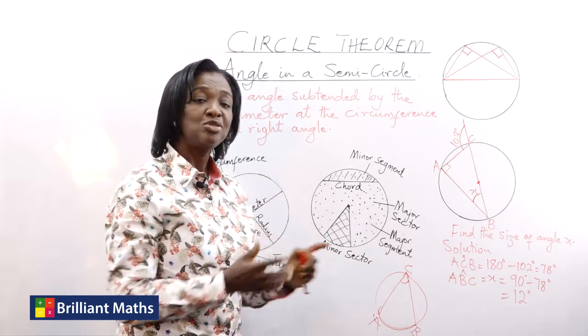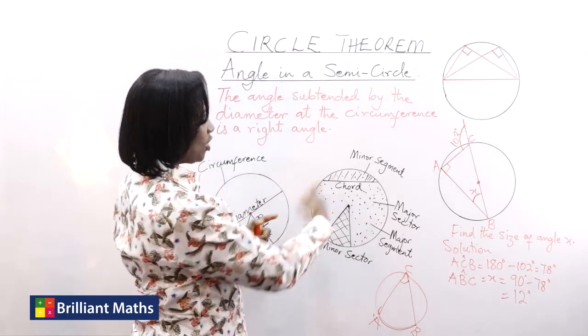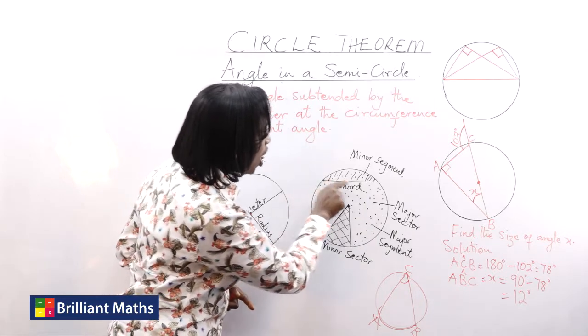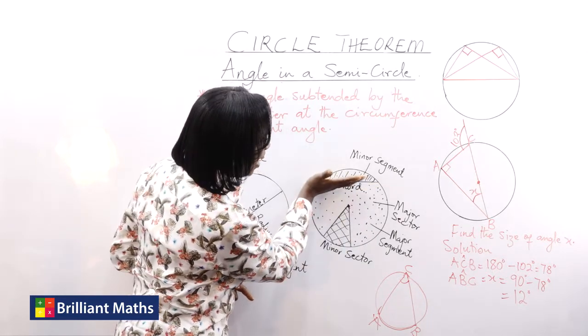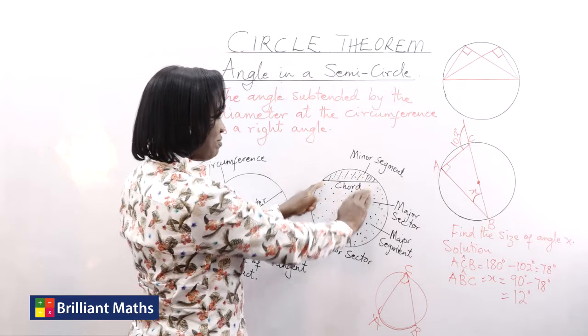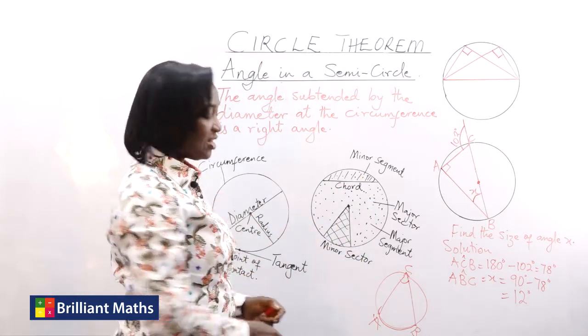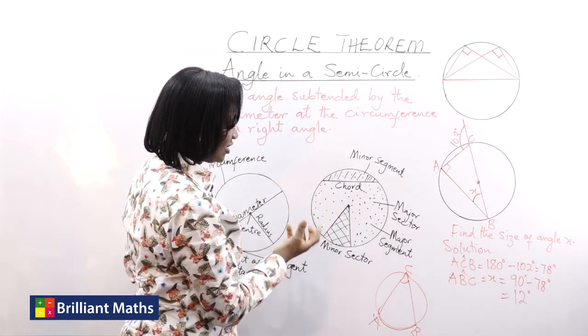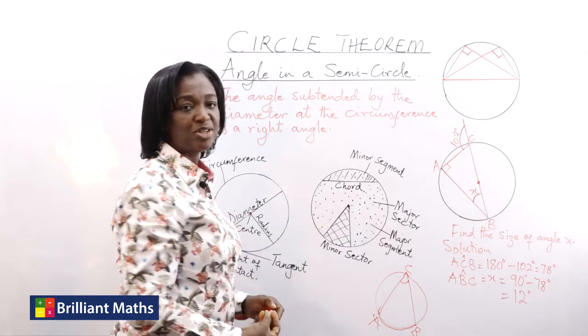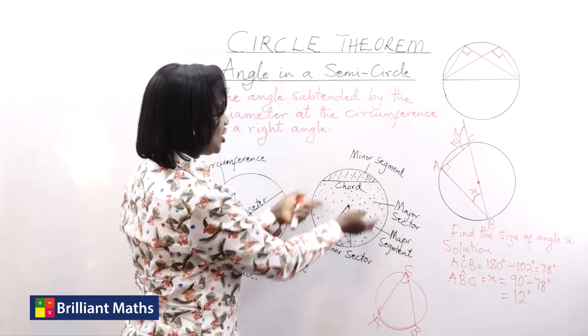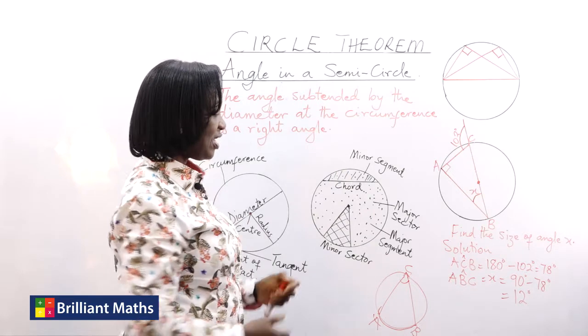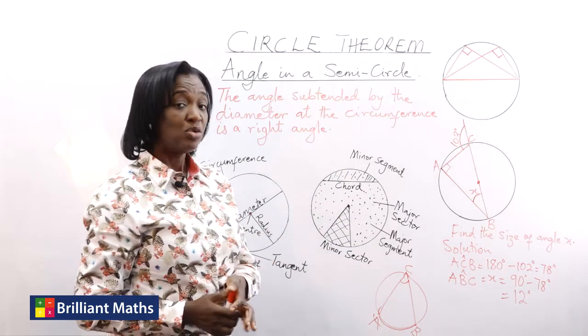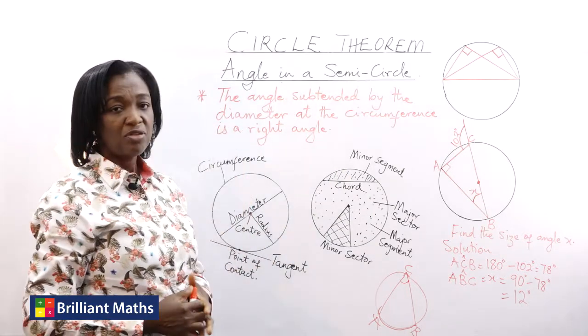You just need to be careful and understand it. The chord separates the minor segment from the major segment. Then two radii separate the minor sector from the major sector. That's the vocabulary we will need for circle theorems.